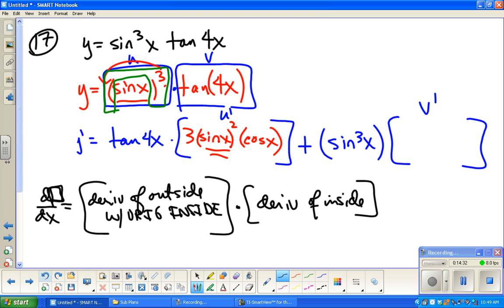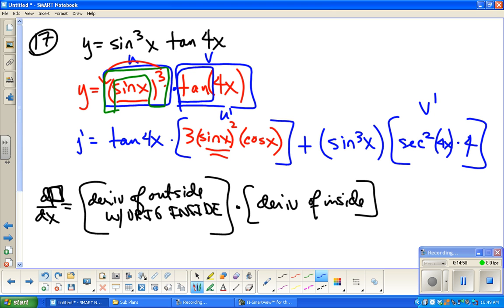Okay, so I need to do the v prime. Same idea. Now this time the outside is just tangent. So the derivative of tangent is secant squared of the same inside, now times the derivative of the inside, 4.